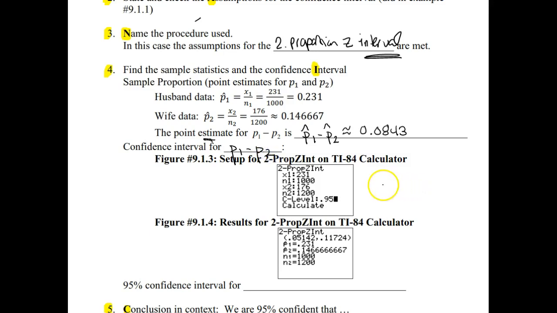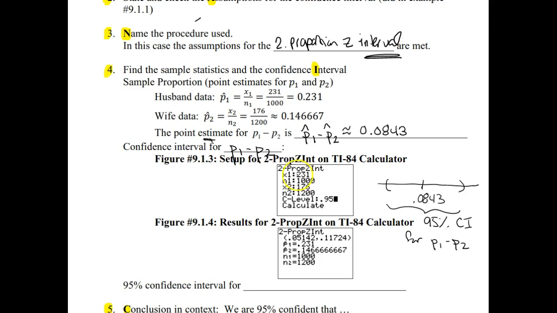Now we want a confidence interval for this P1 minus P2. Remember from before, we start with some point estimate, and then around that point estimate, we look at a confidence interval. In this case, that interval is not for a single parameter, but for the difference between two parameters.